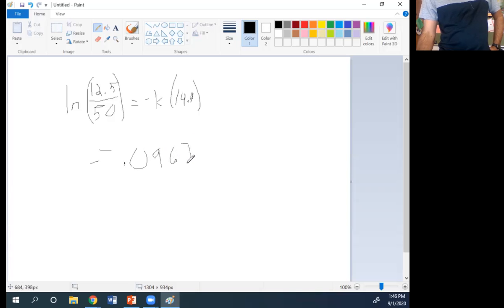Okay. And now my units. My unit's always going to be inverse time, so my time was seconds, so seconds to the negative 1. Now, I can go use my half-life equation, can't I? Because I know one of the variables. So T1/2 equals 0.693.